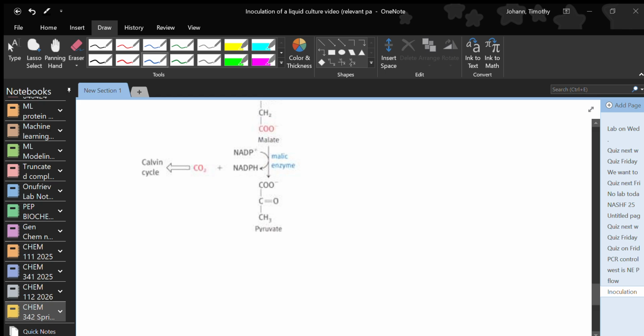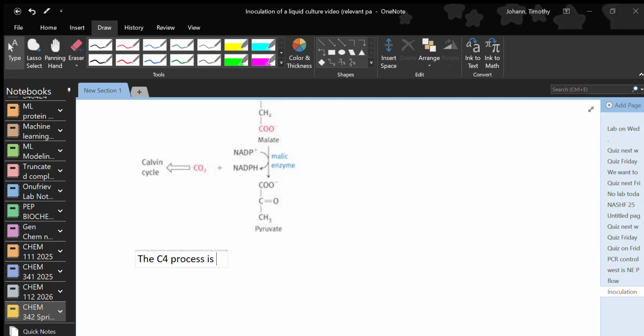So let me go ahead and write that. I'm not going to write it out with the numbers, but I'm going to say, the C4 process, I guess I should call it. It's not exactly a cycle, but the C4 process is expensive, but worth it in hot and dry environments.